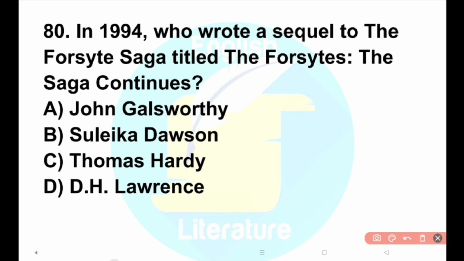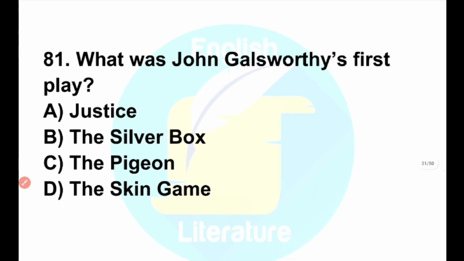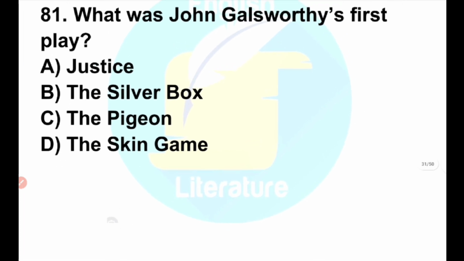Next, what was John Galsworthy's first play? Option B, The Silver Box.